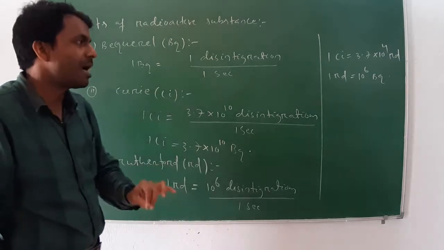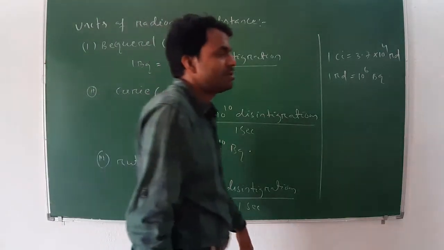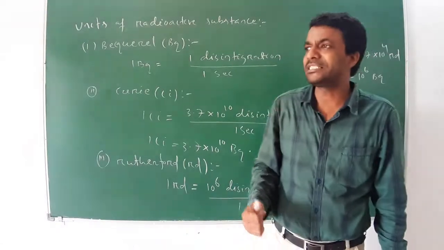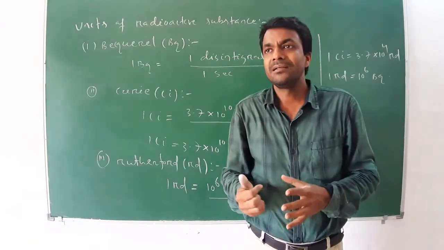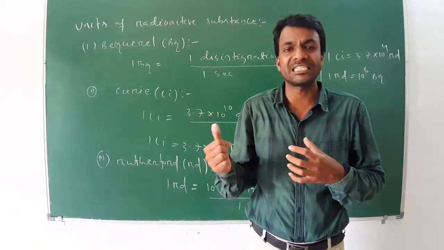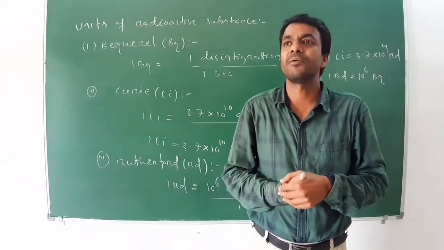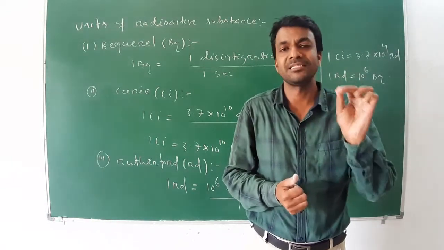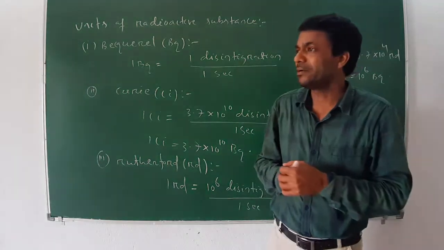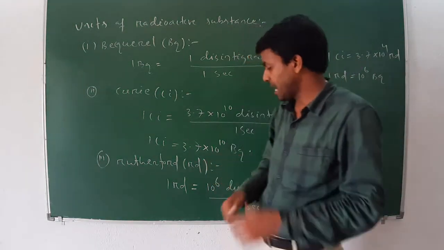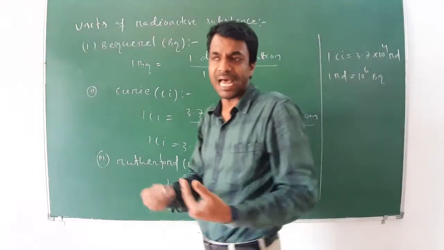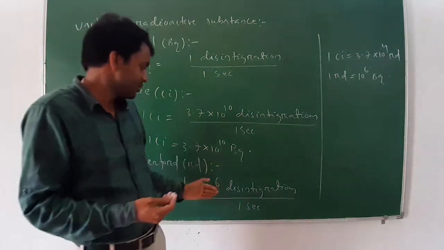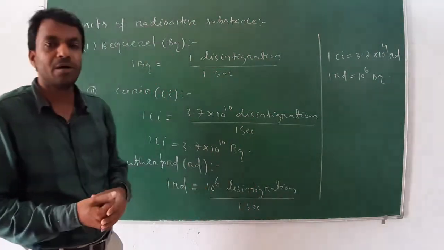Now the third unit is Rutherford. 1 Rutherford is defined as 10 to the power 6 disintegrations per second. It is denoted as Rd, so 1 Rd is equal to 10 to the power 6 disintegrations per second.